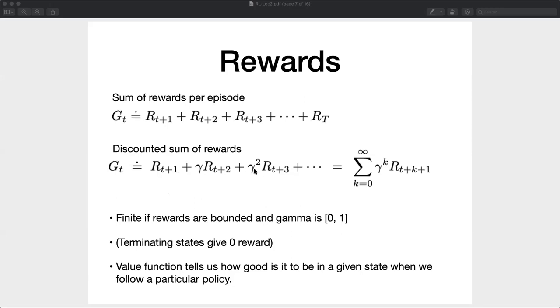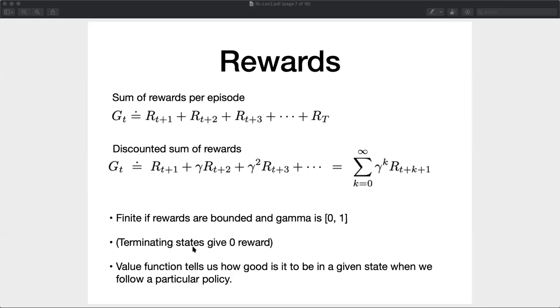And of course, if that gamma term is a positive number between 0 and 1, such that when you exponentiate it, the value gets smaller and smaller, then this number will be finite.